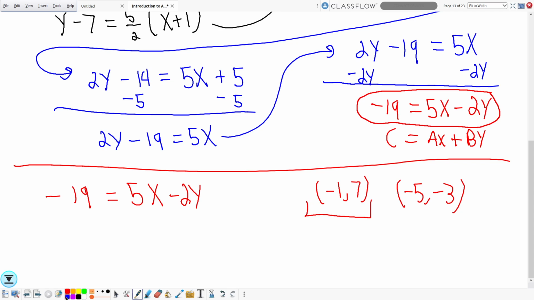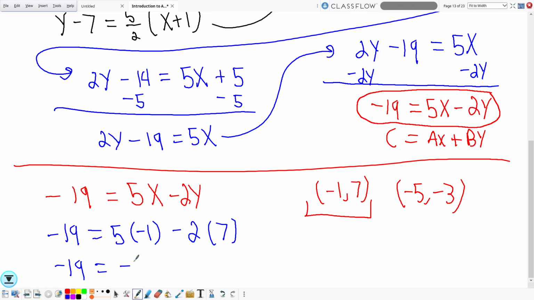We got -19 equals 5 times -1, our x value, minus 2 times our y value of 7. So -5 times 1 is -5. -2 times 7 is -14. And yeah, that is definitely equal to -19. Everything works out. So, hey, I know this coordinate is good to go.